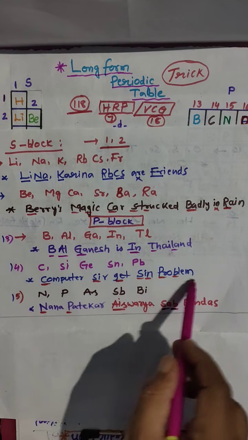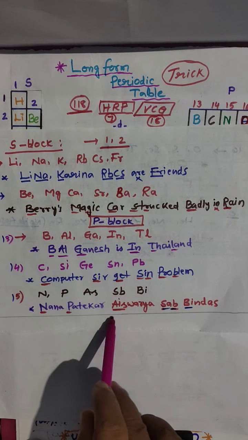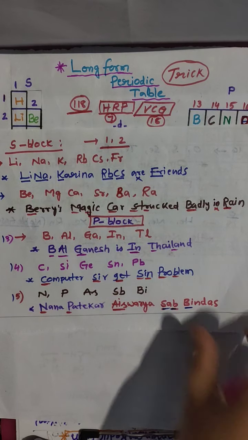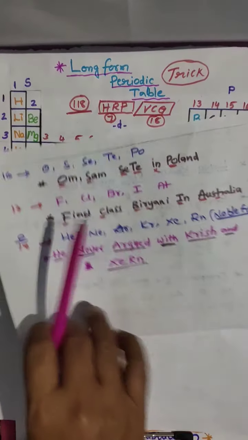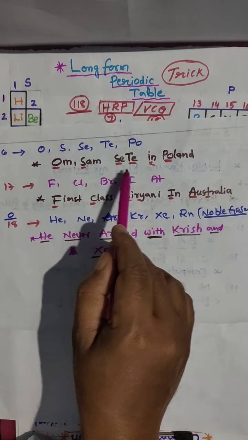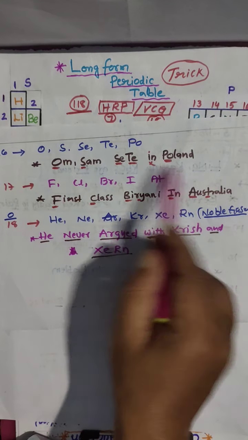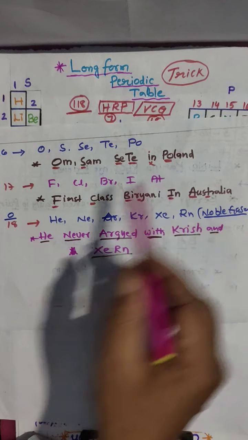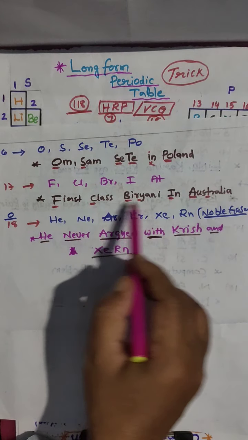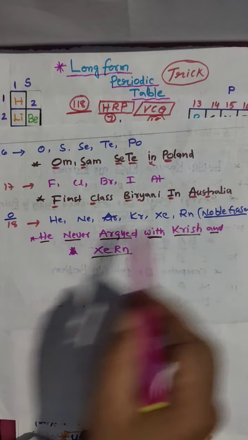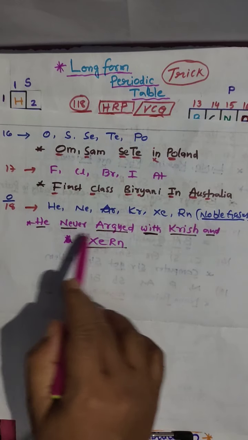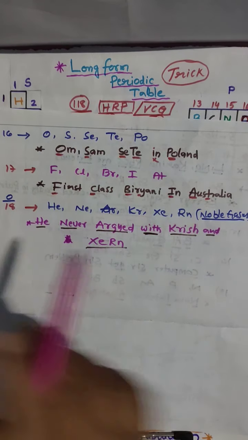Computer sir gets in problem. Nana Patekar, Aishwarya, sab bindas. Next, Om Sam Site in Poland. You can add R in Poland like that. First class biryani in Australia. Next, He never argued with Krish and Zeran.